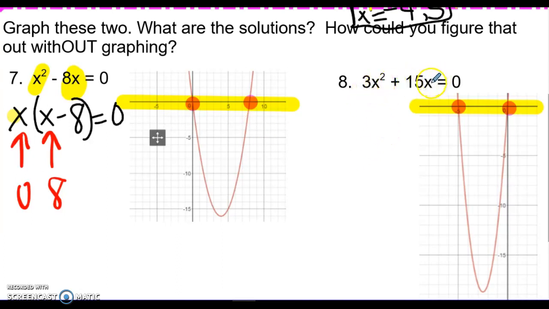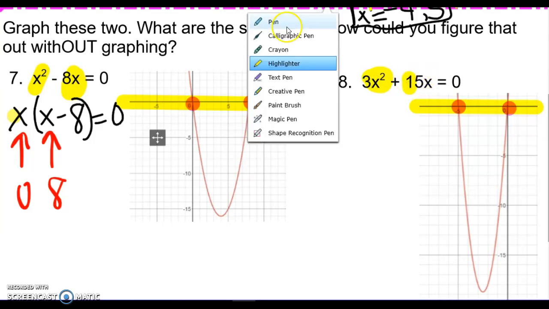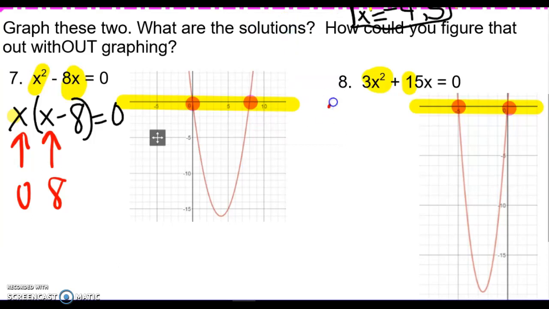This one over here, I think basically the same thing is going to happen. So what comes out of 3x squared and 15x? Well, I think a 3 comes out of there, but what else? Also an x comes out, and I'm left with x plus 5.